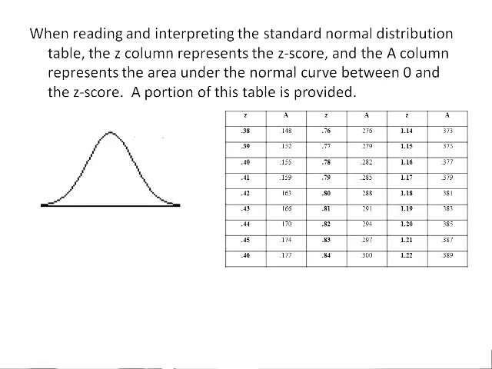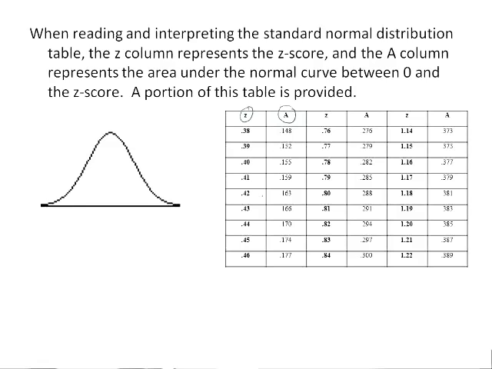The heading at the top has the letters Z and A. The numbers under Z represent Z-scores. The numbers under the A column represent the area under the curve. This is based upon the standard normal, so that is the area between 0 and the Z-score.